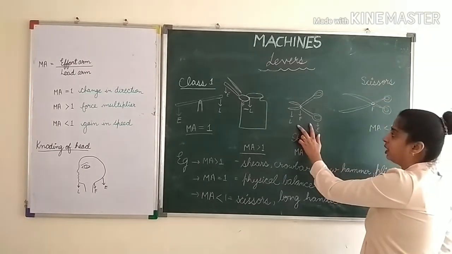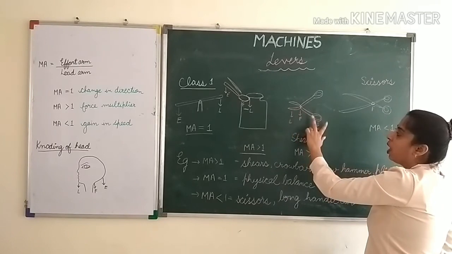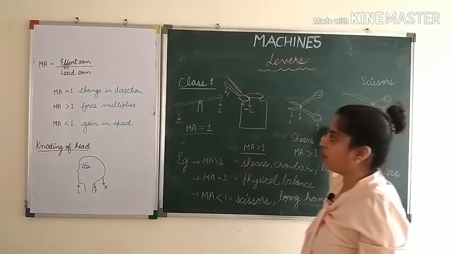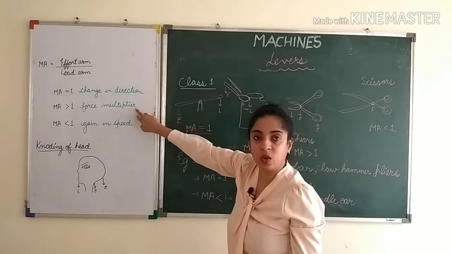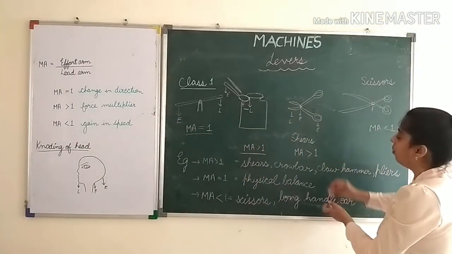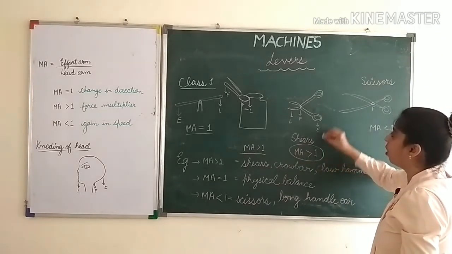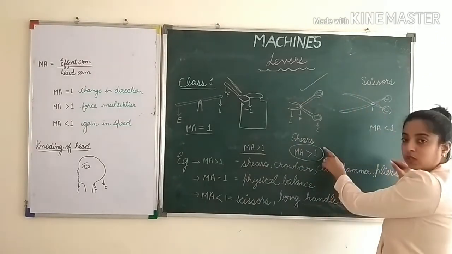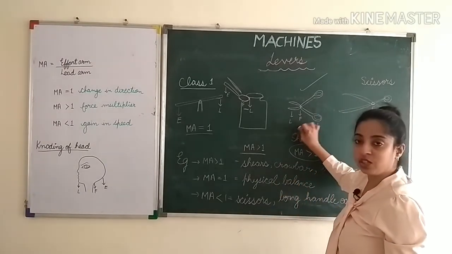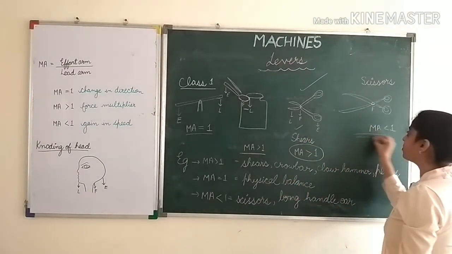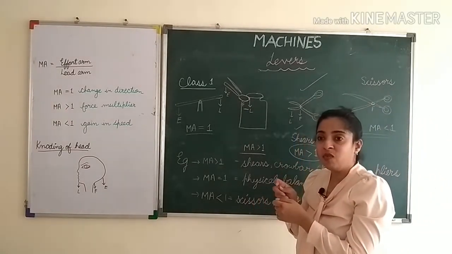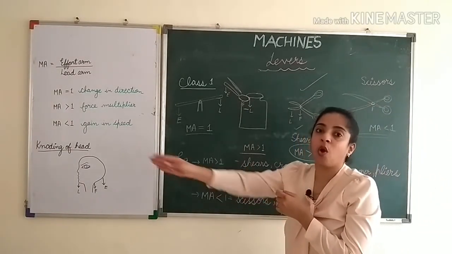So in this case the load arm is smaller and the effort arm is more. If the effort arm is more, mechanical advantage is more than 1 and it acts as a force multiplier. So in shears, mechanical advantage is more than 1 because we want more force. We want to cut some metal piece or some wire, so there shears is used. Now in case of scissors, we want to apply less effort and we want the load to move a longer distance.